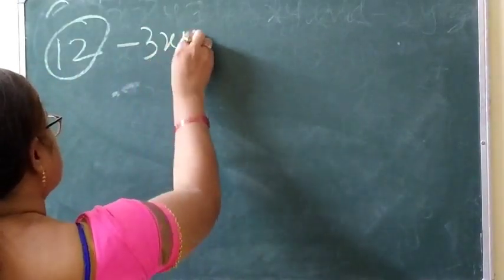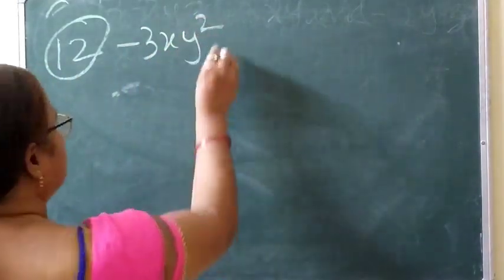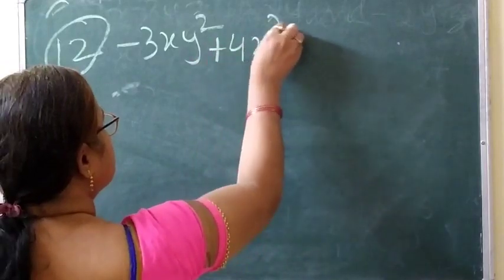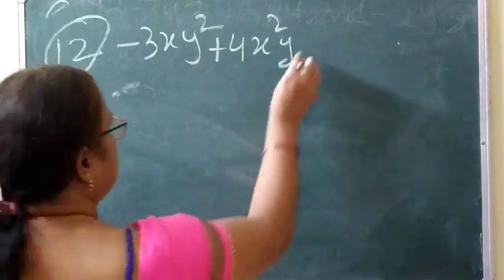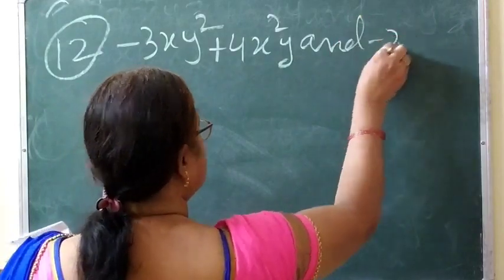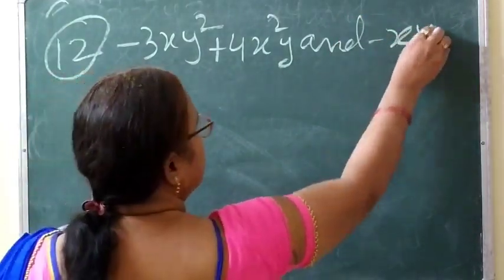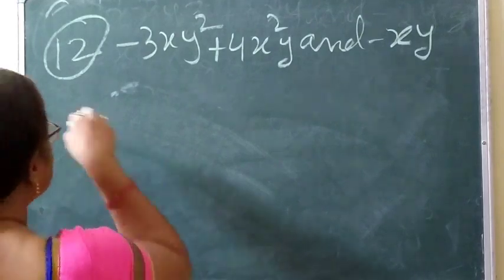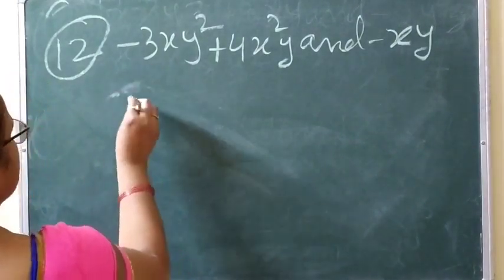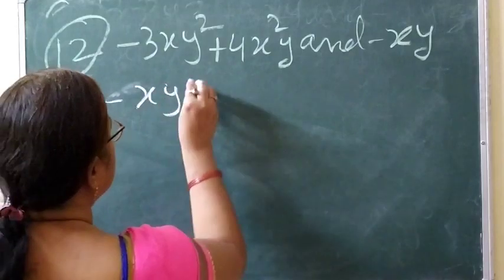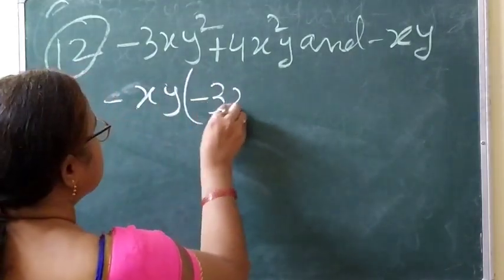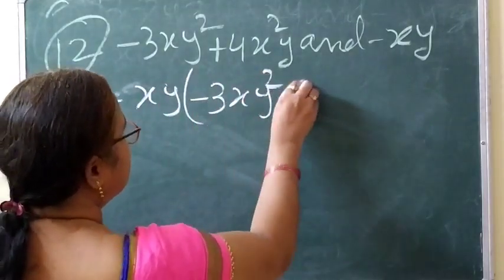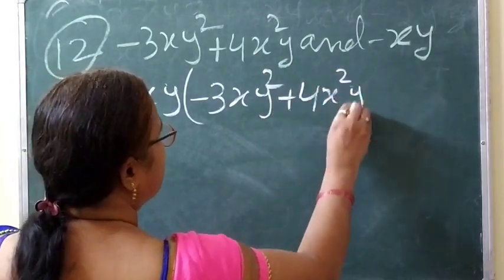Question number 12. Minus 3xy square plus 4x square y and minus xy. Okay? So solve it. First we will write minus xy. Then inside the bracket minus 3xy square plus 4x square y.